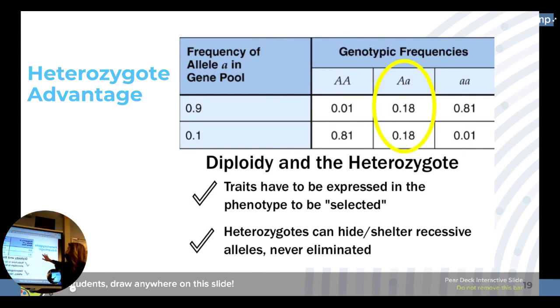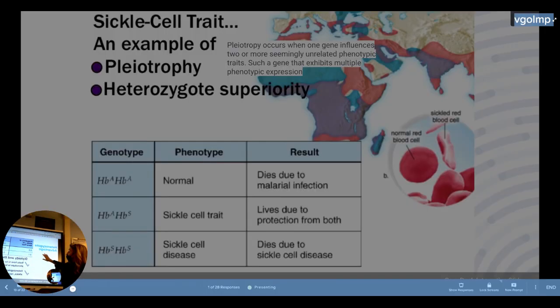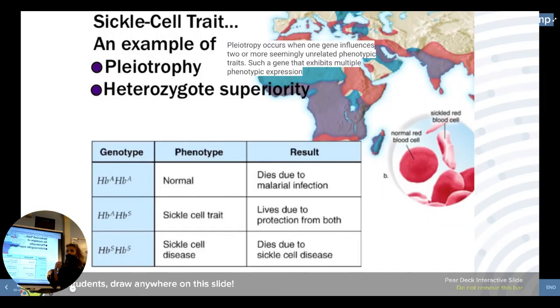Okay, so that's stable. But in sickle cell disease, if you are normal, so you don't have the sickle cell gene at all, you could die of what? Malaria. But if you're sickle normal, you won't die of sickle cell disease and you're more resistant to malaria.